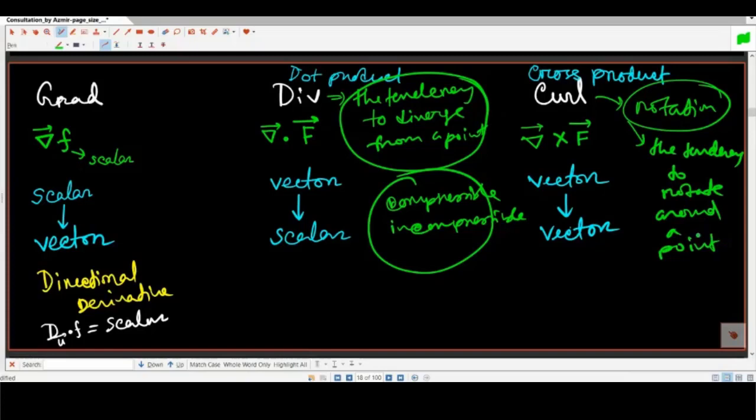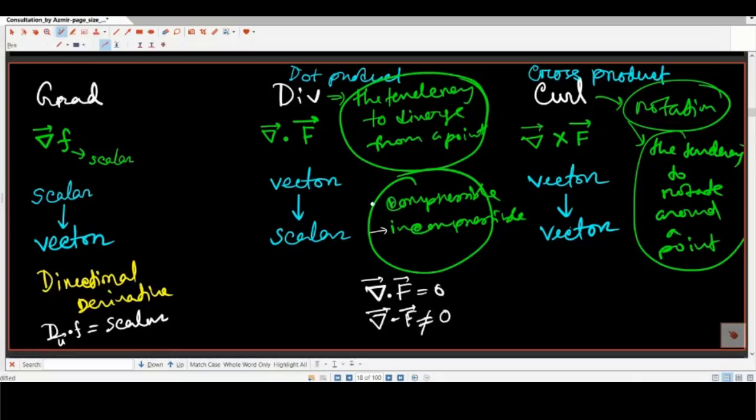So if divergence is 0, then the fluid will be incompressible. If divergence has a value that is non-zero, so we can say the fluid is compressible.